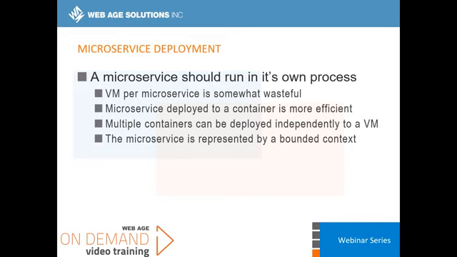In each one of these, the microservice is represented by a bounded context. And so the microservice or bounded context per container has its own repository and can possibly communicate with other microservices in a well understood and well documented fashion.